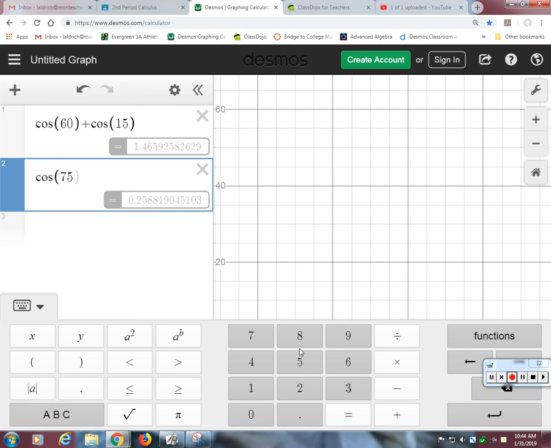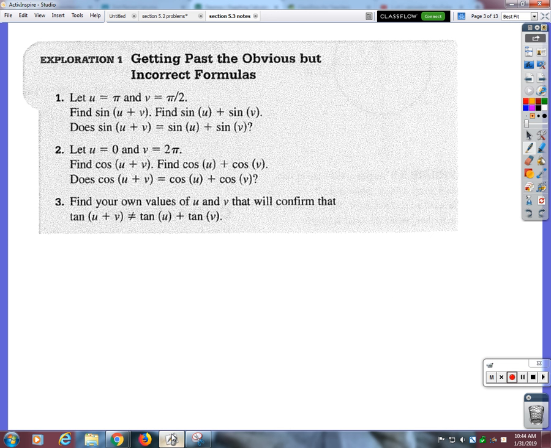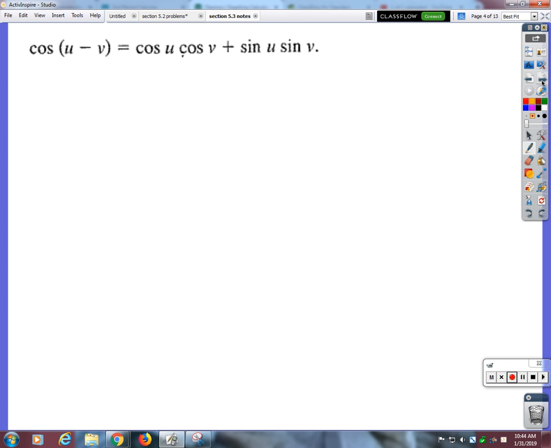Okay? You see how that does not work? This answer right here is not the same as that answer right there. So you can't find the cosine of things being added or subtracted by just doing the individual pieces. So we have formulas for that instead.